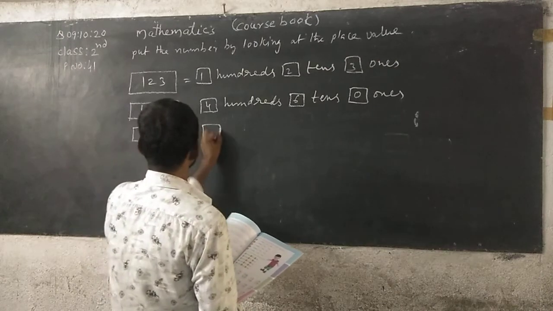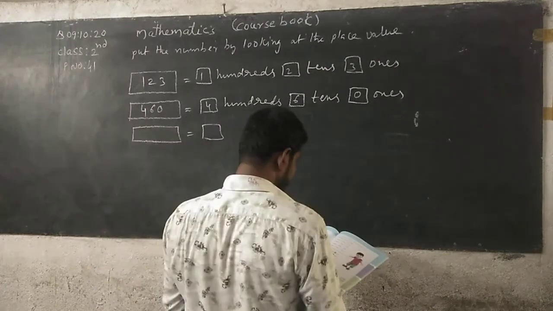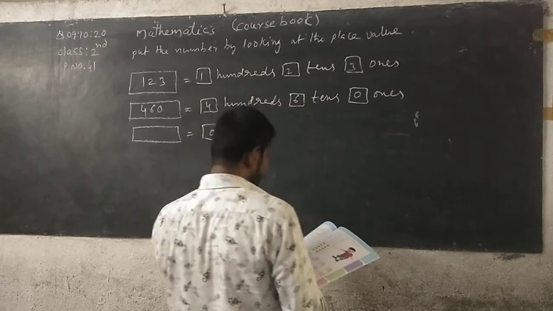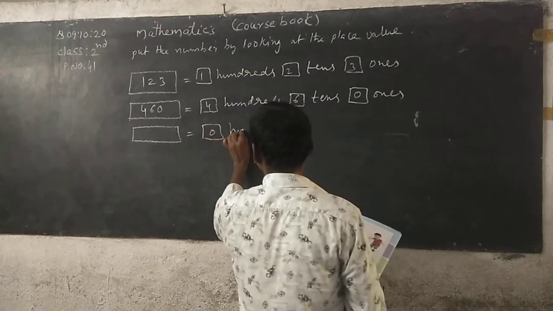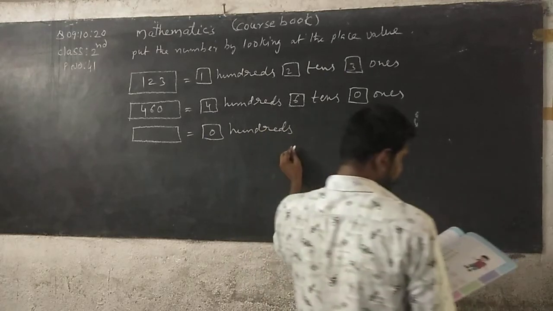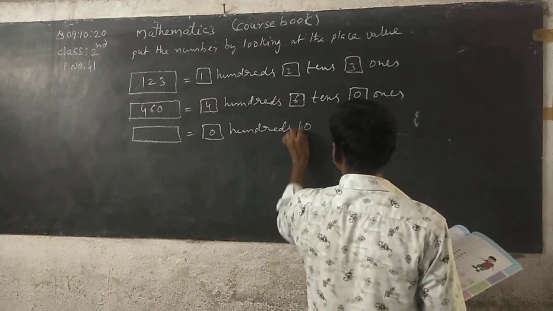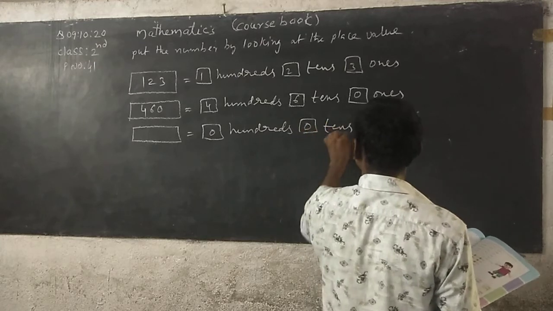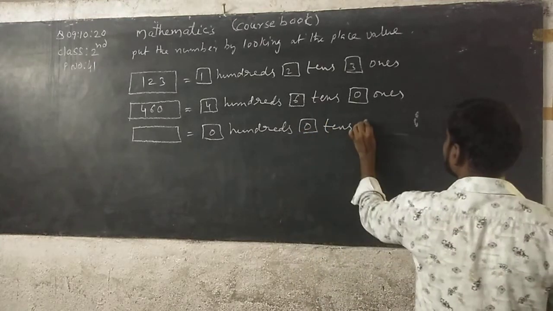So next, dash is equal to 0 hundreds. See, look at the blackboard, everybody. 0 tens, 4 ones.